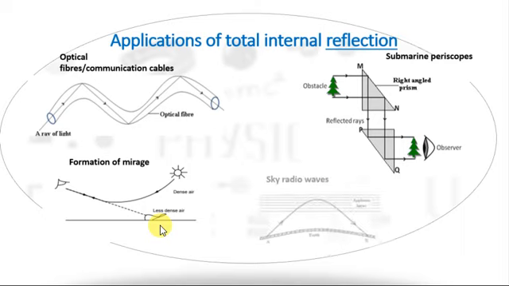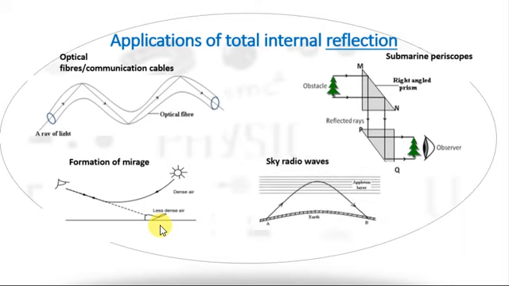Another application is sky radio waves. Radios which don't use satellites also transmit their signals using these waves. Up in the sky there is very little atmosphere, so the air is much less dense there. So a signal that comes from a station A travels in the atmosphere, starts being refracted until a point is reached where it is totally internally reflected, and it comes back to earth.